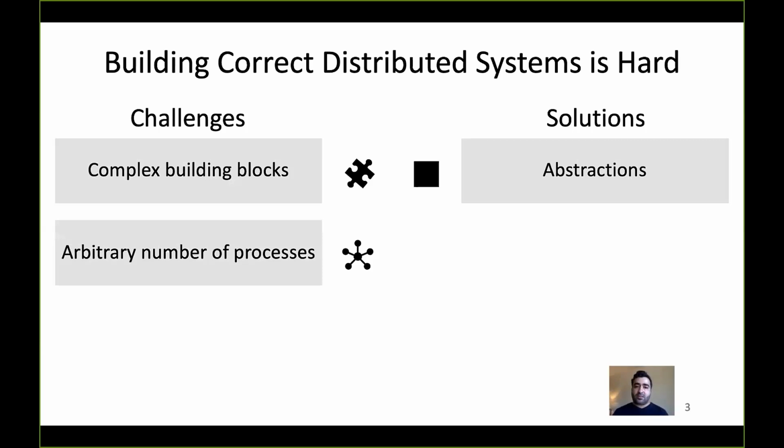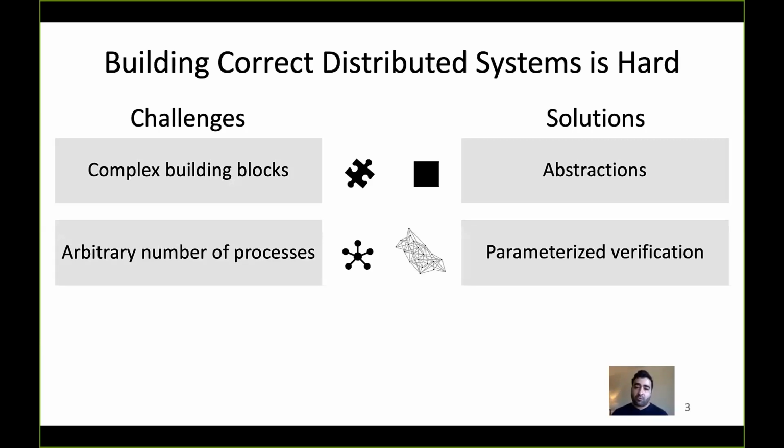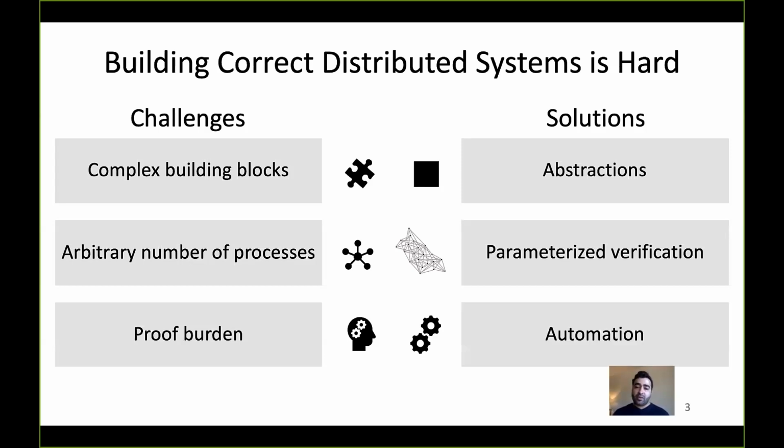Second, these systems are parameterized in the number of processes, which calls for parameterized verification, where we verify the system for any number of processes. Unfortunately, this is a well-known undecidable problem. And lastly, because of the intricate interleaving between the communicating processes, the proof burden is really high, which naturally called for increasing the automation in the verification process of distributed systems.